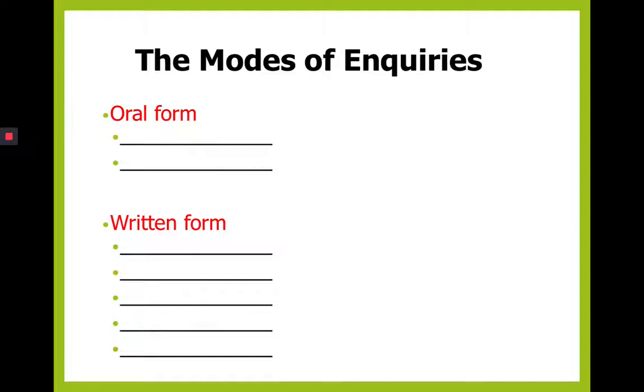In terms of written form, we can do inquiries through letters of inquiries, right? So that is formal. If you are dealing with a matter that is serious, something that has to be black and white, you might want to produce a formal letter of inquiries to inquire about certain things, about the products and so on.